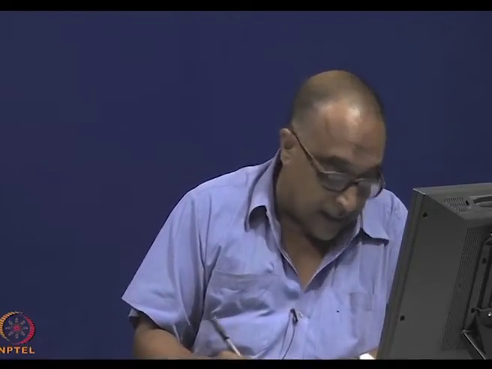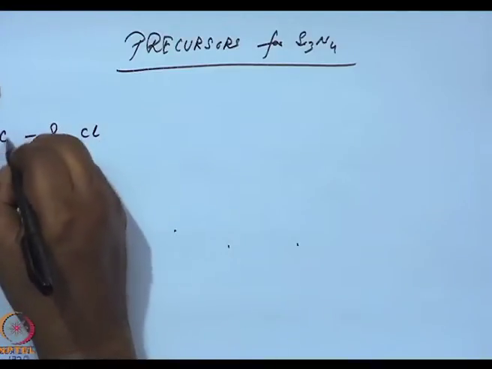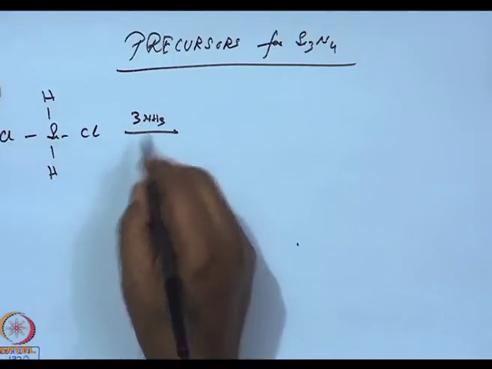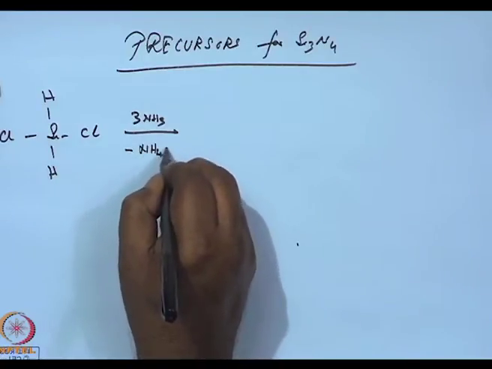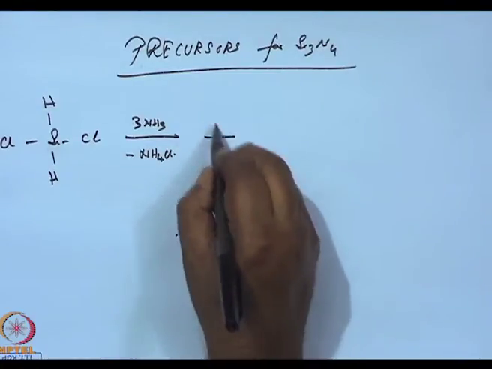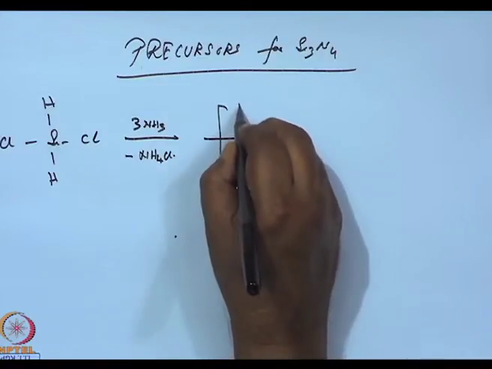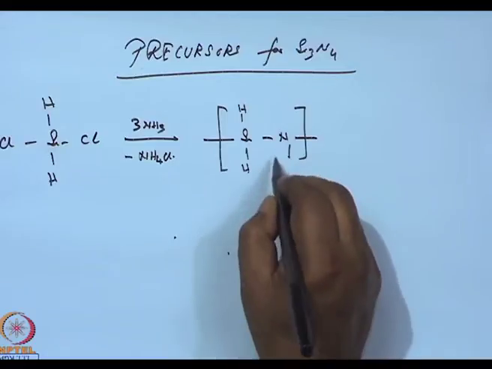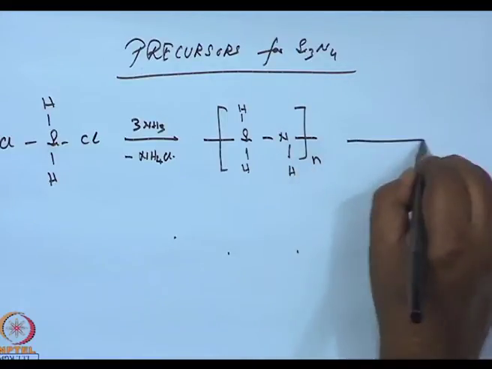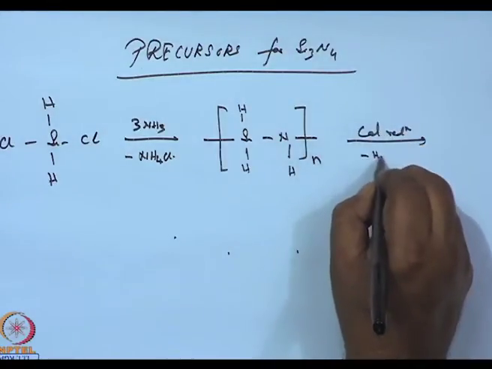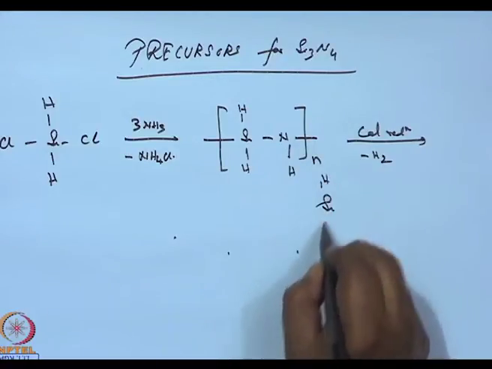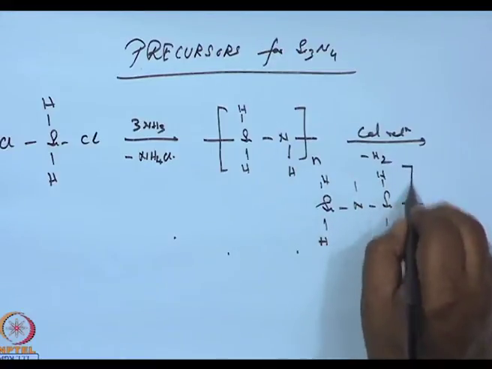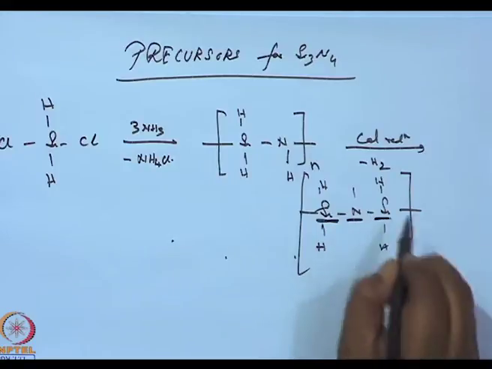One of the ways it can be done is through the Si and N linkage.